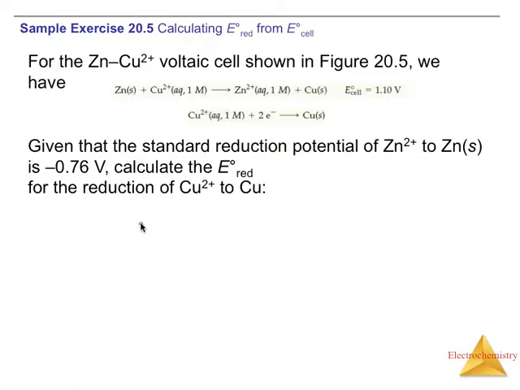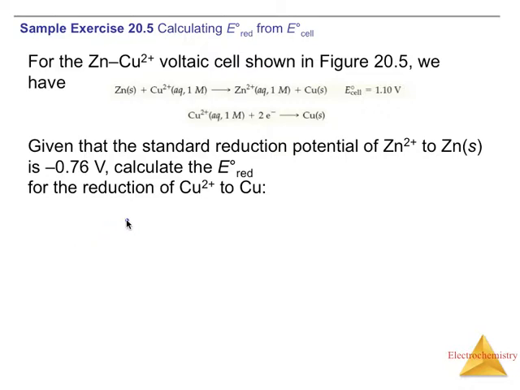Let's take a look at this problem just to work through one. We've got the overall equation here, where the potential of the cell is 1.1 volts. If we're given that the standard reduction potential of zinc plus 2 to zinc solid is negative 0.76, calculate the E for the reduction of copper to copper metal.